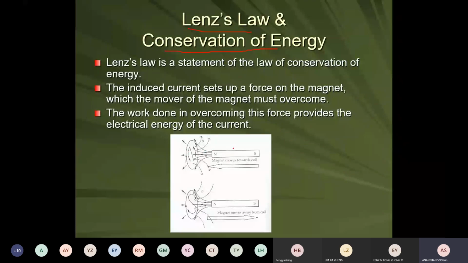But you are still moving to the left, so you do work against the repulsive force. So the work you've done to overcome the repulsive force is turned into electrical energy. So Lenz's law is based on conservation of energy, actually.